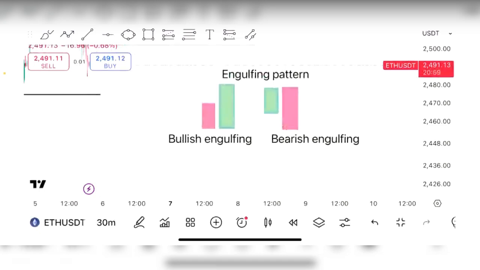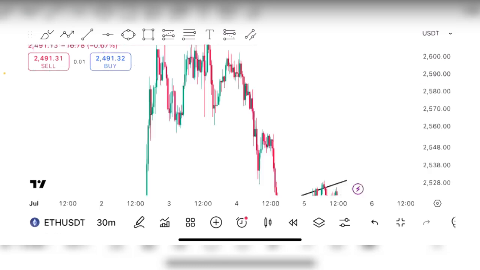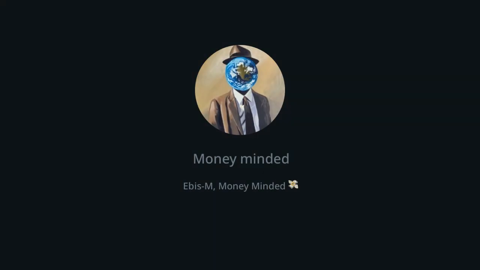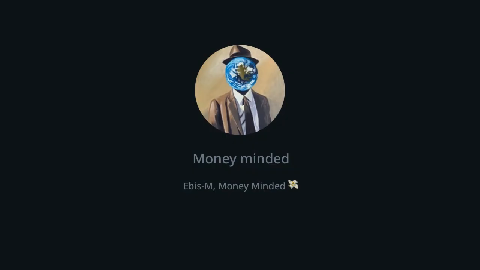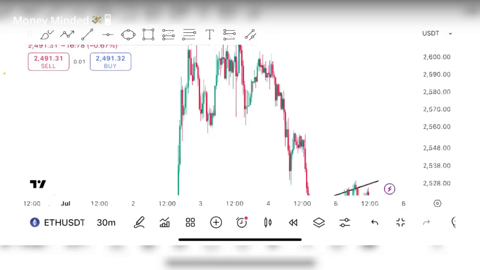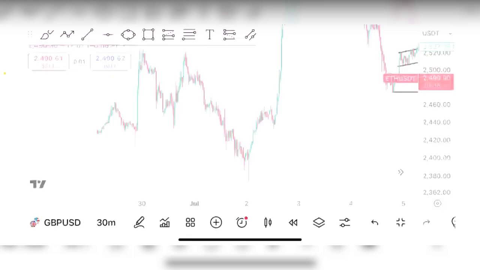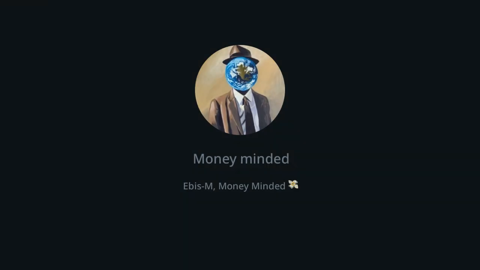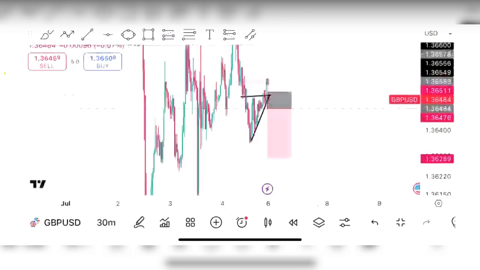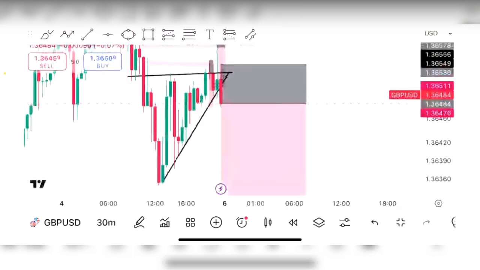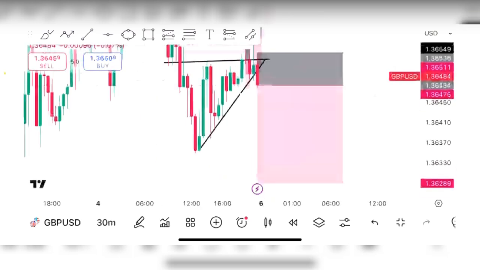So let's head to the live chart. Let me show you how they are. Like this now, this is another bearish engulfing at my point of interest.